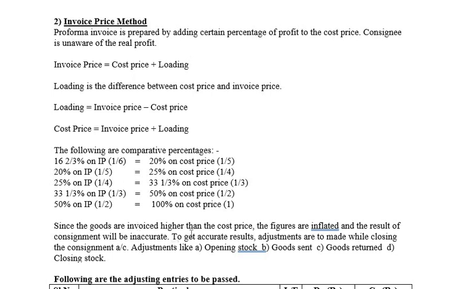Since the goods are invoiced higher than the cost price, the figures will be inflated. You won't get the exact amount of profit or loss being made, because the consignor here is making secret profits, and that's how he is not telling the exact cost price to the consignee.